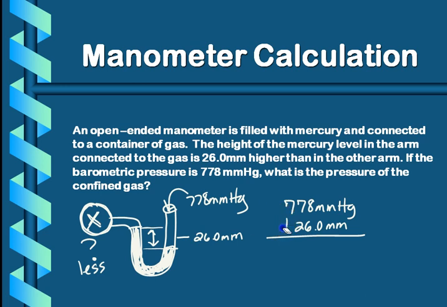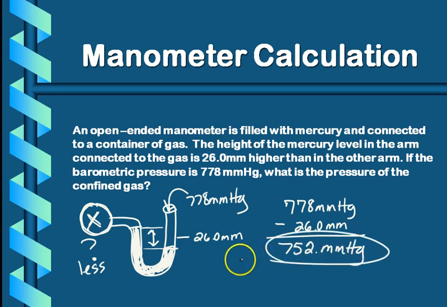No. Because if I were to add, that would make that 804 millimeters of mercury, which means that my confined gas would be greater, but it's not. Because I have my drawing, I'm able to see that I'm going to subtract the 26 because the pressure of my confined gas is 752 millimeters of mercury. And it makes sense because it's less than the atmospheric pressure. Hopefully you all see that.